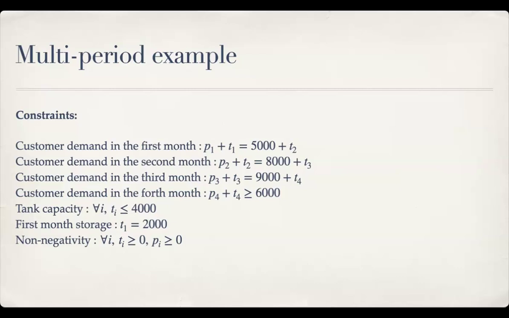This is because we don't care how much oil we have in the storage tank after the fourth month. What about tank capacity? Because the capacity of the tank is 4,000, Ti must be less than or equal to 4,000.